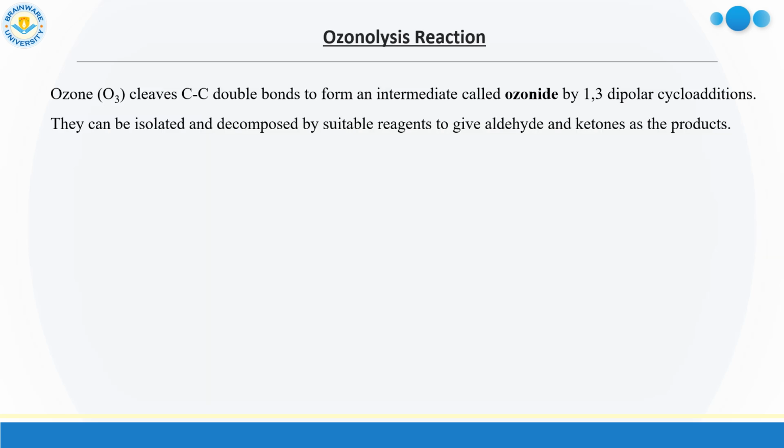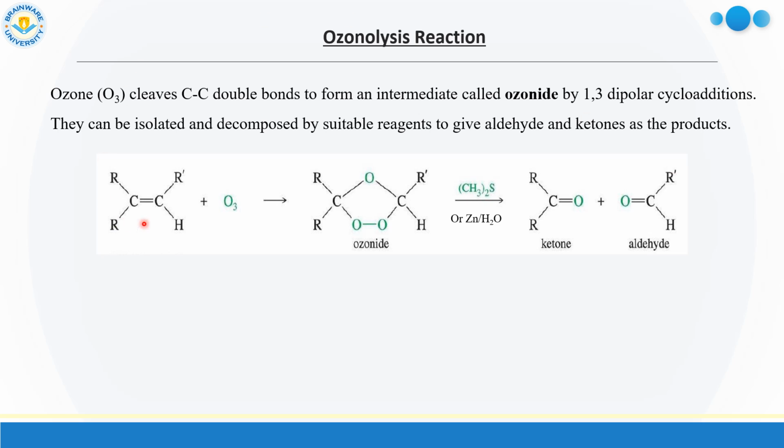Now the last part of oxidation is ozonolysis. Ozone cleaves the carbon-carbon double bond to form an intermediate called ozonide, by 1,3-dipolar cycloaddition. They can be isolated and decomposed by a suitable reagent to give aldehydes and ketones as products.